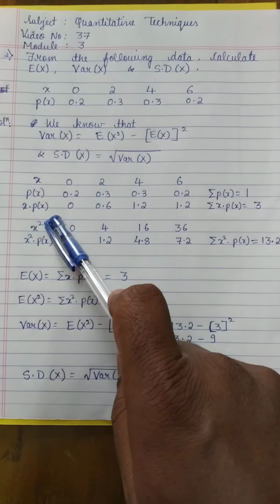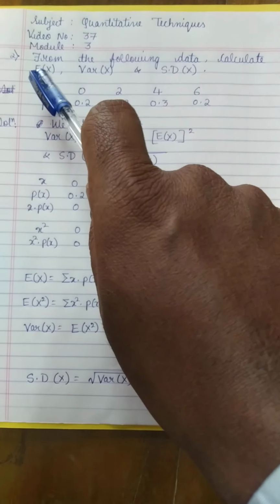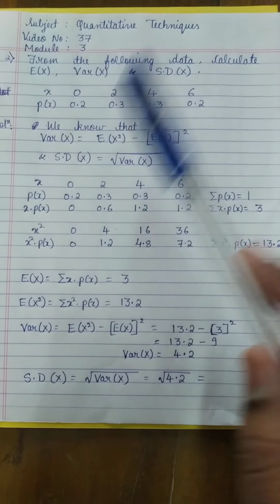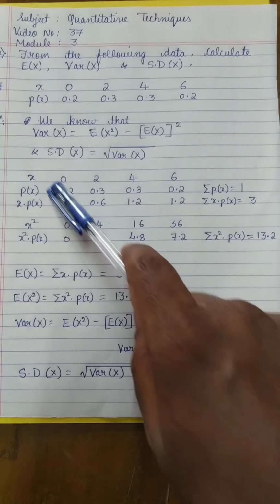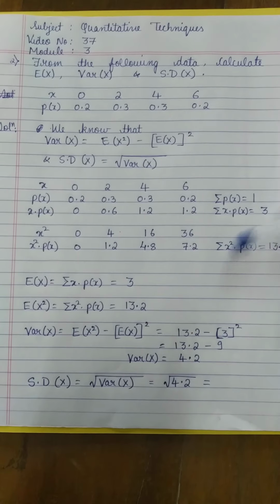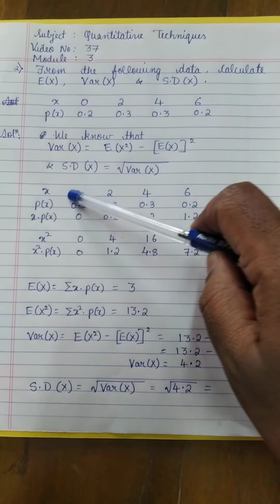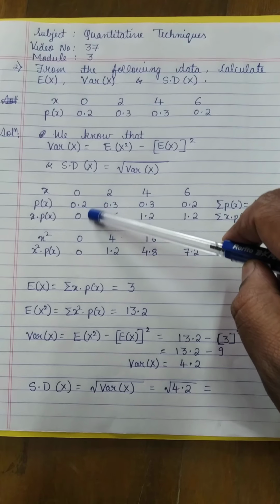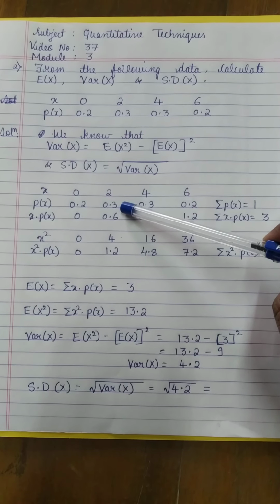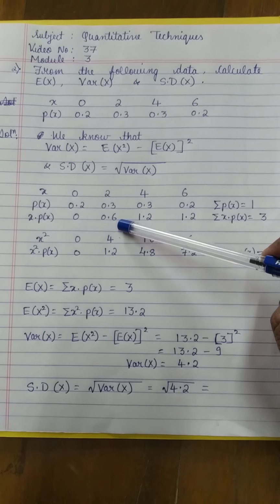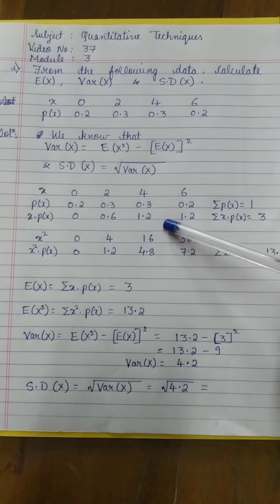The next thing we have to do is find E of x first. To find E of x, we know that it is equal to summation of x into p of x. So we always have to multiply x and p of x. What is 0 into 0.2? 0. 2 into 0.3? 0.6. 4 into 0.3, that is 1.2.